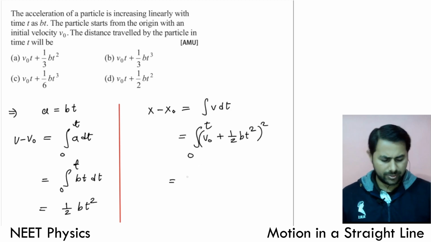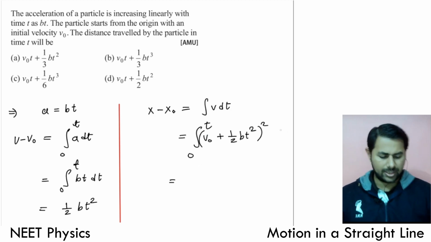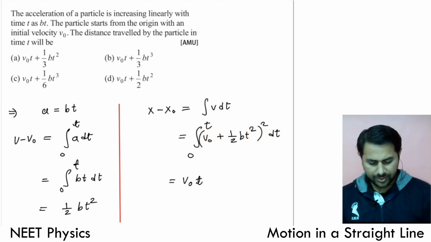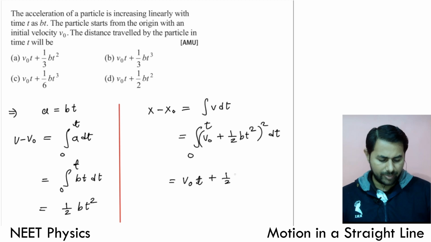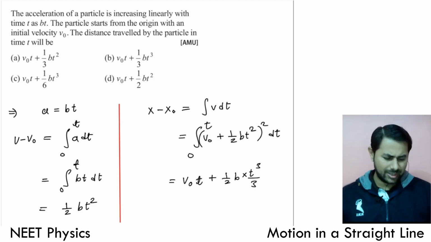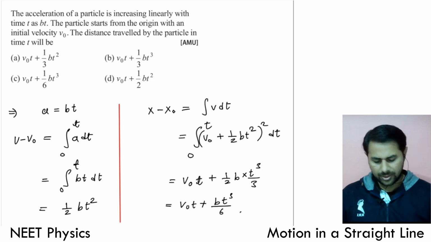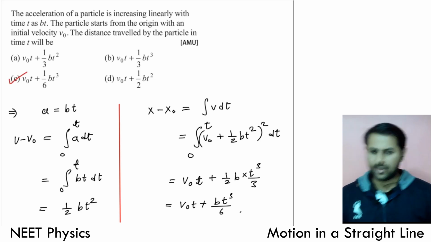So that is v naught dt, which gives v naught times t, and integration of t square will be t cube by 3. So it is half of b times t cube by 3. I said t square, it will be t cube by 3. So 2 times 3 is 6, so v naught times t plus bt cube by 6. Yeah, so it is option C. Good, correct.